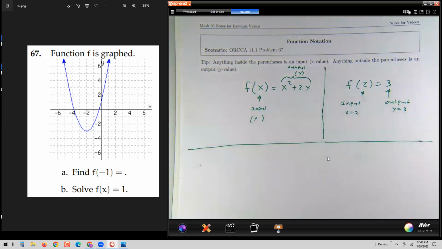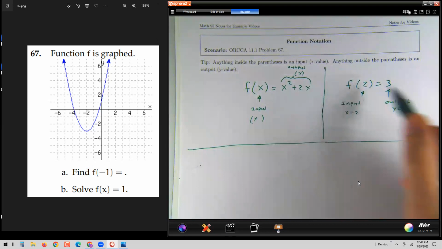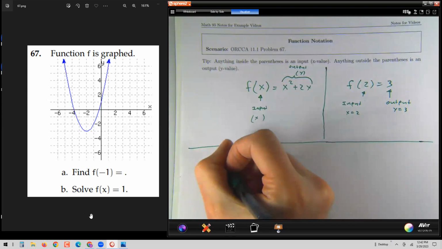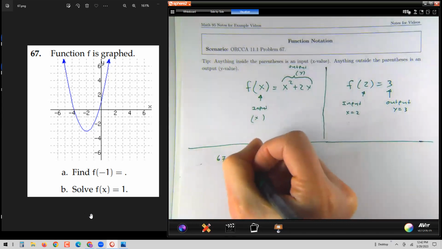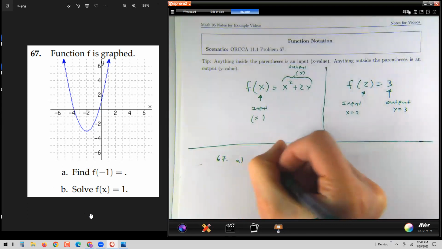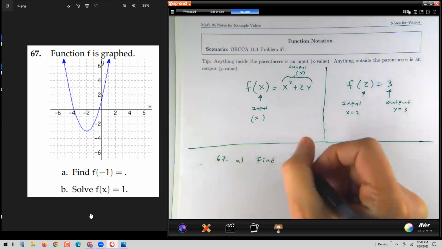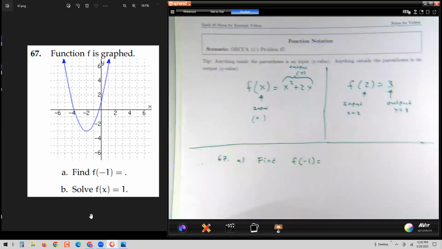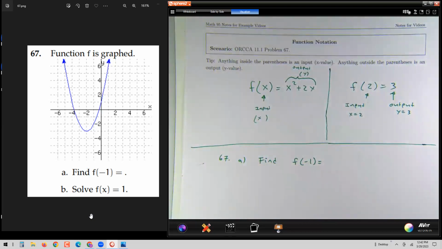So let's look at problem 67 from the Orca book and try to use this input-output idea to see how that would work with a graph. So for number 67, part A, it says find f of -1. The first thing I'm going to notice is the location of this -1.